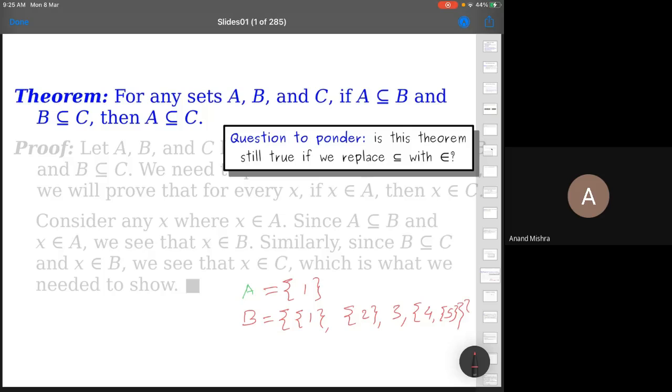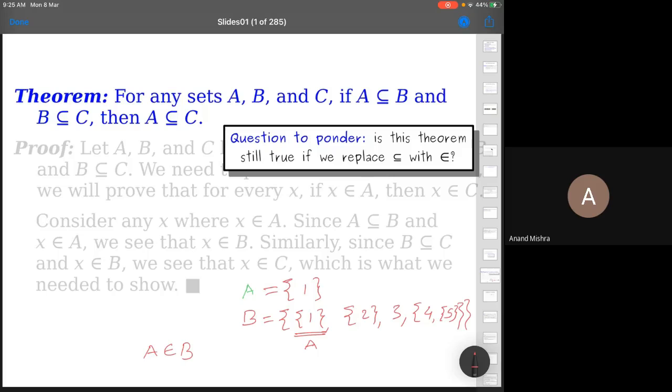So A and B was given, and the statement was set A is a member of set B, right? So what is set A? This guy, right? This is set A. I can always write this as A. So definitely set A is a member of set B, that is true. So I can always write A is a member of B.